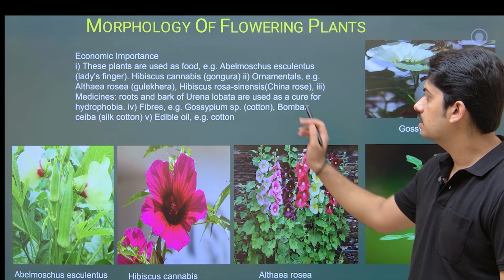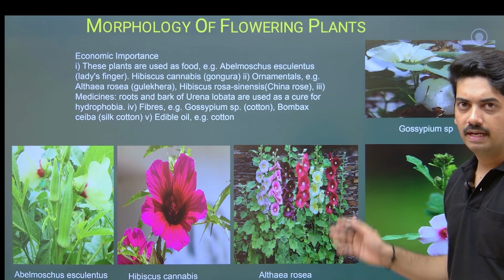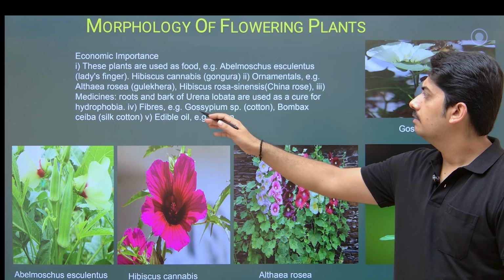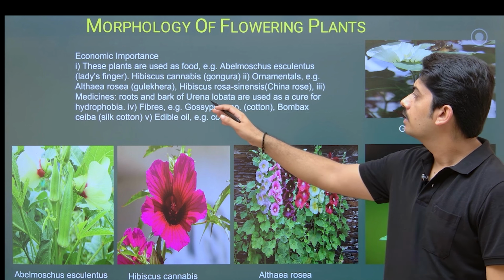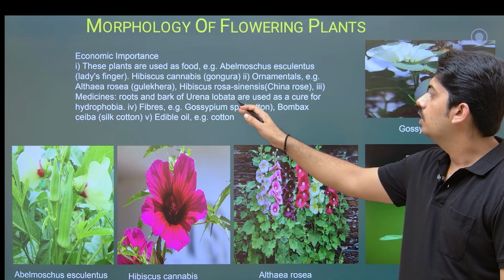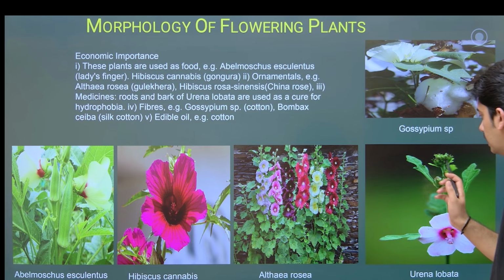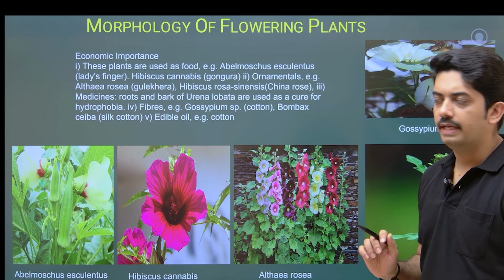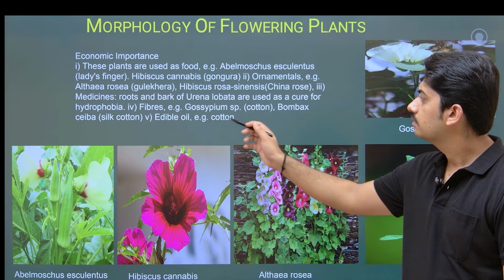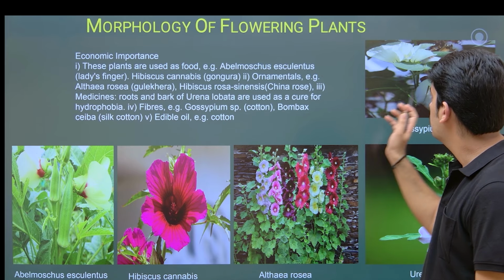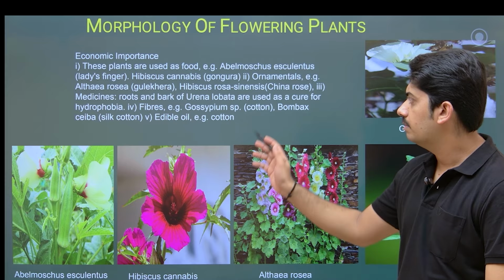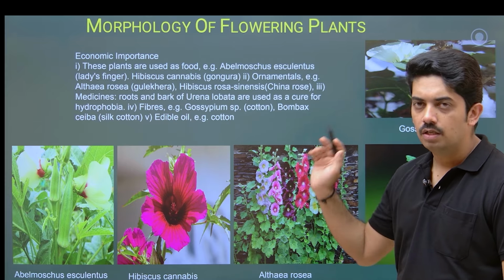Then hibiscus, you know the hibiscus plant, that's why I have not included in this slide. Then medicinal plant, Urena lobata, very common, grow like a weed. Then one more is Gossypium species, that is the cotton. You know, it is commercially used to extract the cotton.